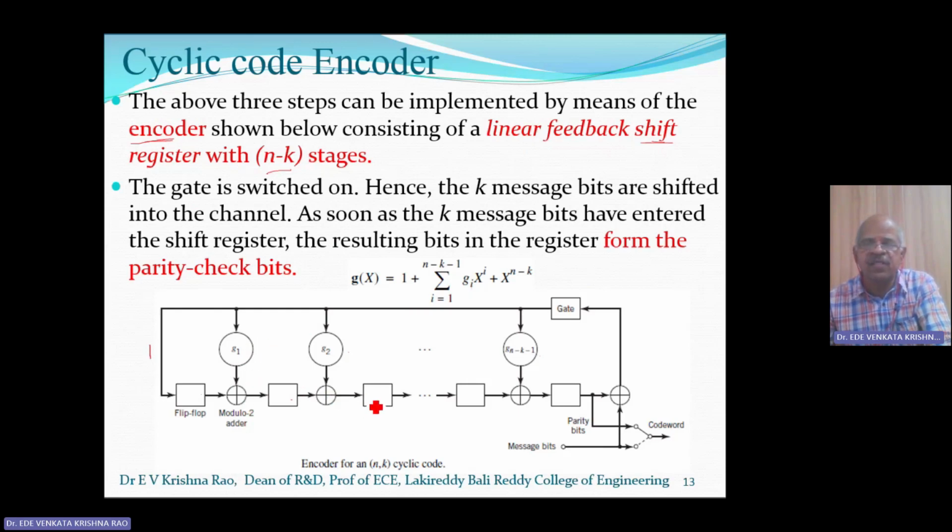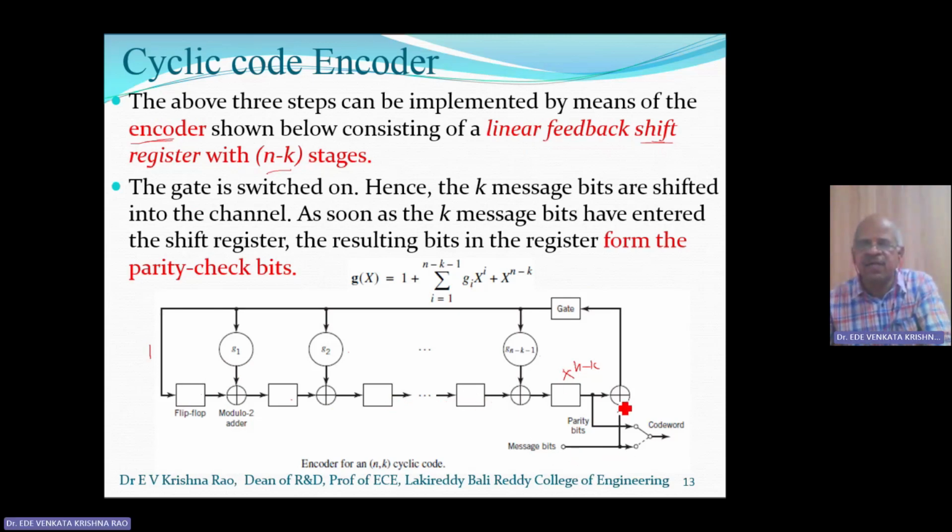These are the modular additions, and this is x power n minus k. These are the shifts from left to right for x power n minus k shifts, and this is generated with the generator polynomial. So by this encoder, we can generate the parity bits in these flip-flops of the shift register.